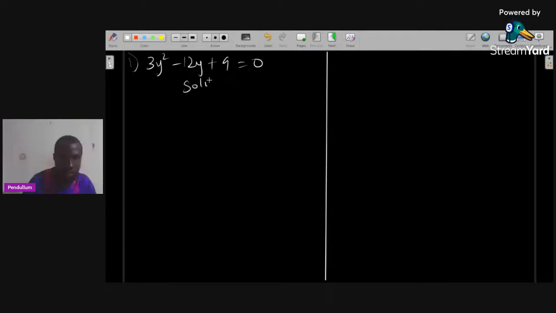Now we're going to solve this using the quadratic formula. And if we are using the quadratic formula, then we are going to have that.